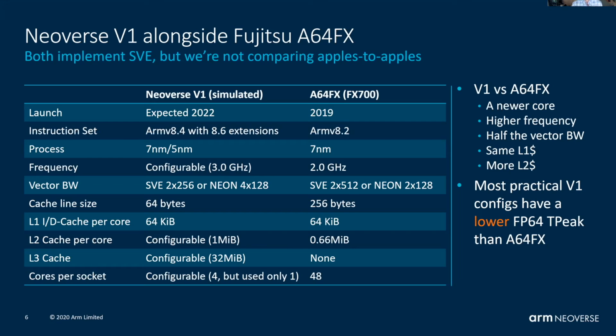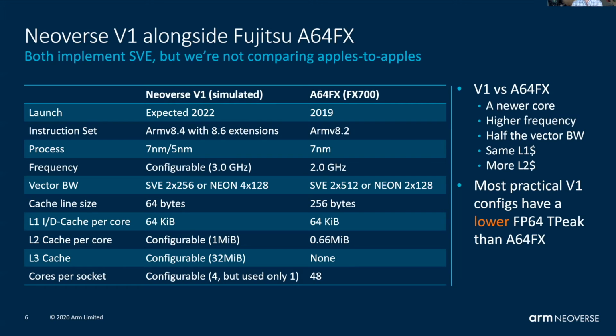Vector bandwidth: if we compare the total capability of the platforms, V1 has two 256-bit SVE units or four Neon 128-bit units. This means that whether in SVE or in Neon, the vector bandwidth, the total throughput of compute capacity in SIMD, is the same.